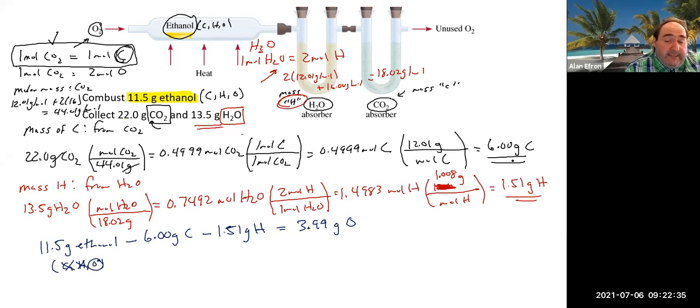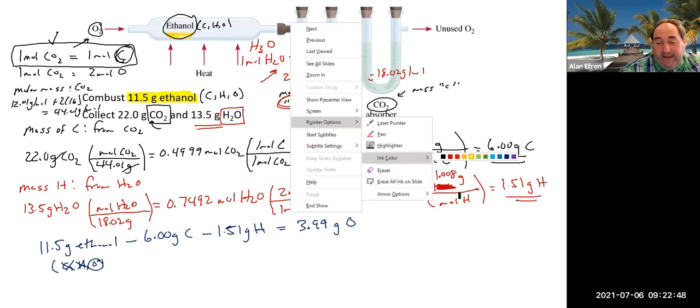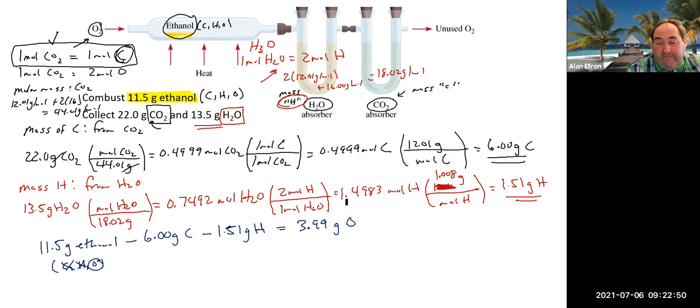The good news is that I already have the moles of a couple of these. 1.51 grams of hydrogen is that many moles, and 6 grams of carbon is that many moles, so I just need to convert oxygen into moles. We'll copy those numbers over here.